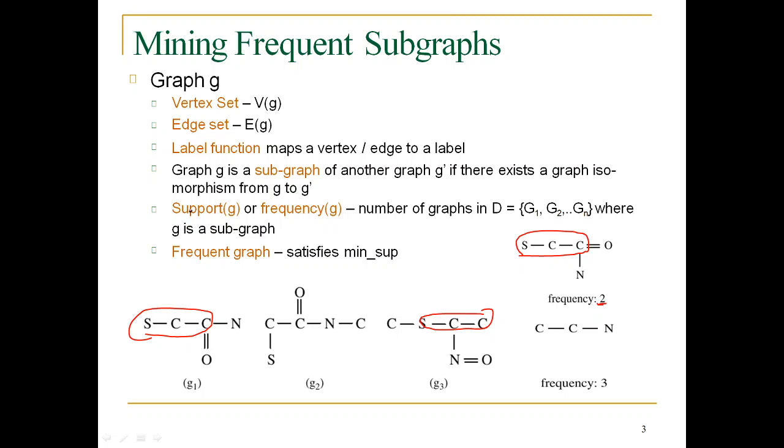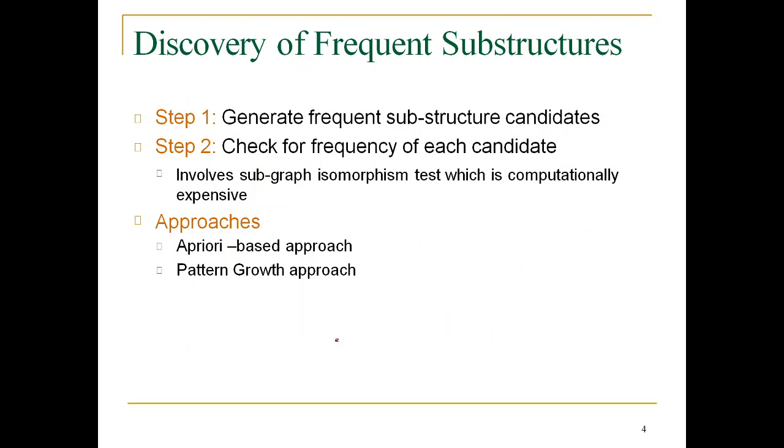Here they have given support and frequency, the number of graphs G1 to Gn, where G is a subgraph, and a frequent graph is a graph which satisfies the minimum support. Since this satisfies the minimum support value, these graphs become the frequent graphs.